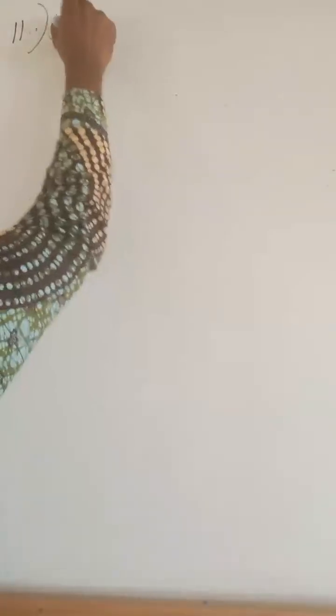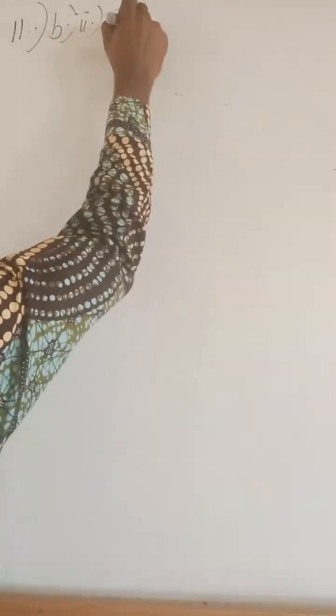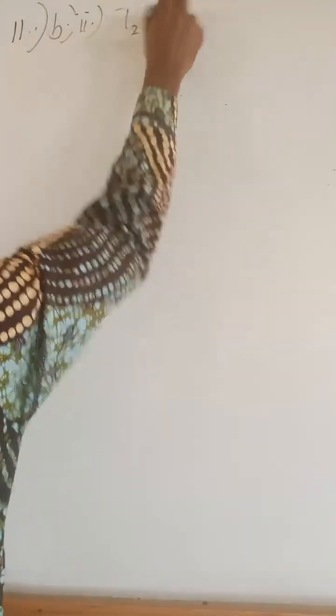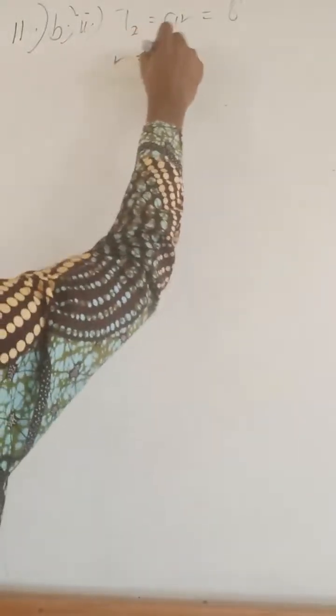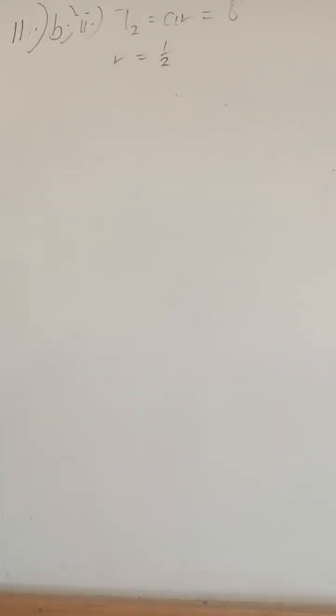And you know the second term is ar, and the common ratio is positive, so find the first 6 terms. So what you do is replace r with 1 over 2.